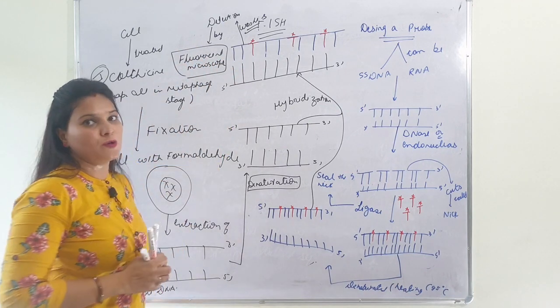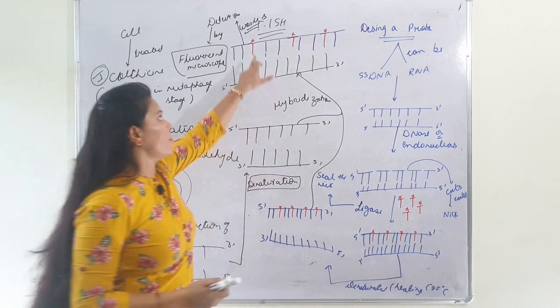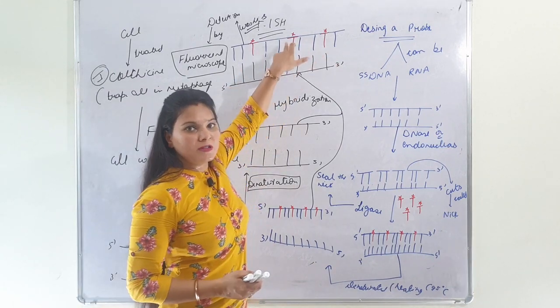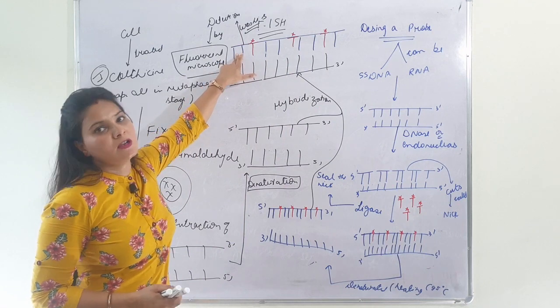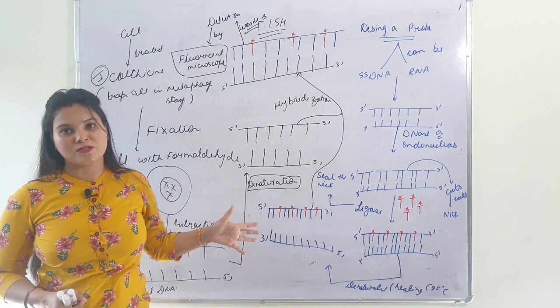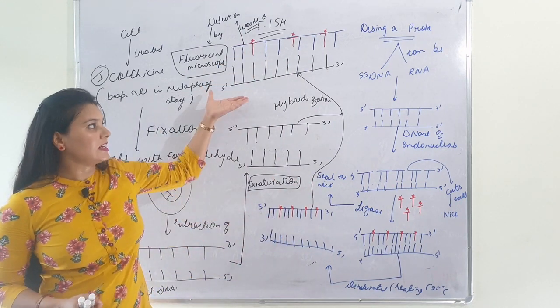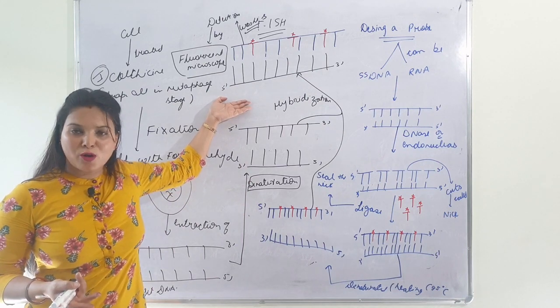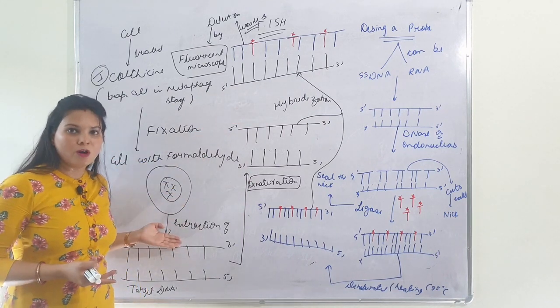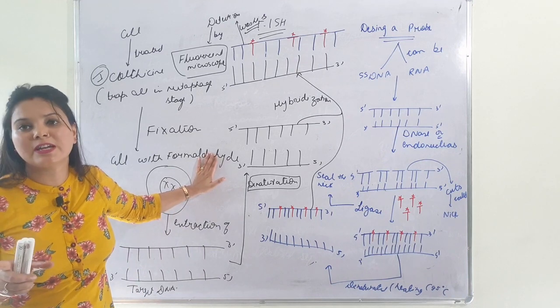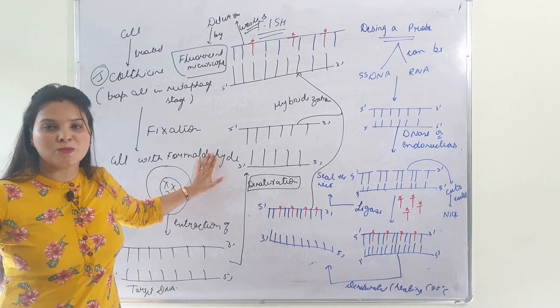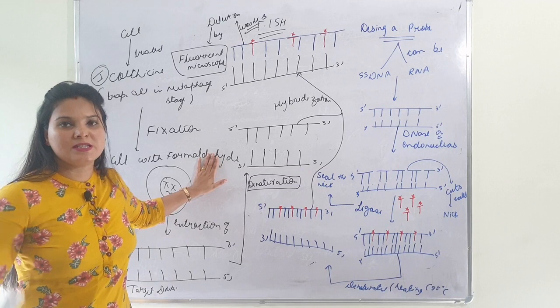This microscope detects the light emitted by these probes which are labeled with a fluorescent molecule. This is the complete process of FISH by which we can detect any chromosomal abnormality in a chromosome, or locate a specific DNA fragment on a chromosome at the metaphase stage.